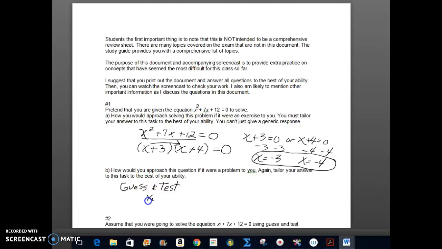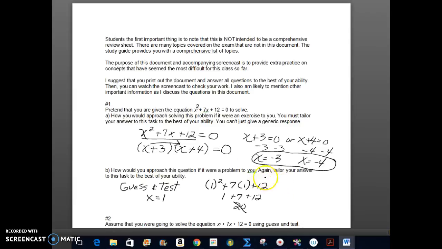So you just say, hey, what if x is 1? Does that work? So you do 1 squared plus 7 times 1 plus 12, which is 1 plus 7 plus 12, which is 20, and no, because I need it to be equal to 0. All right, that didn't work.